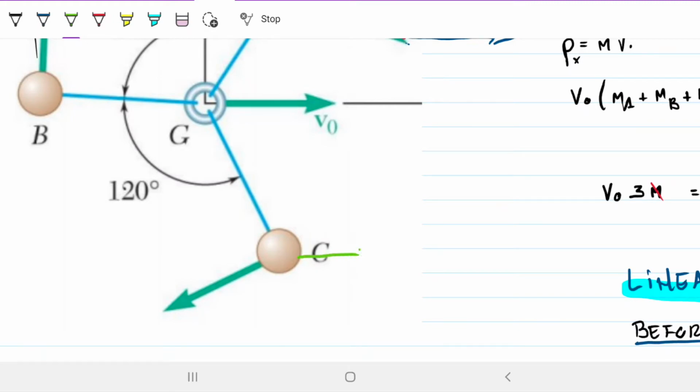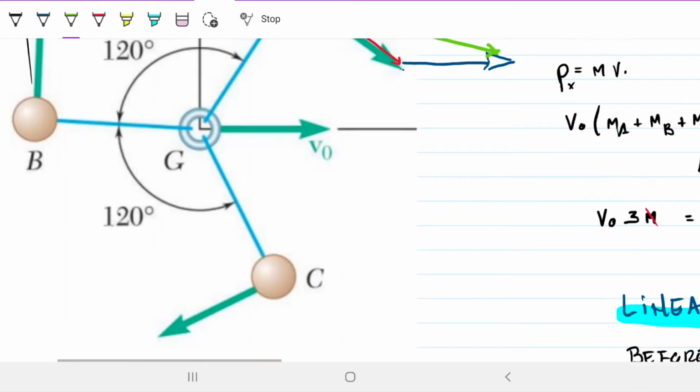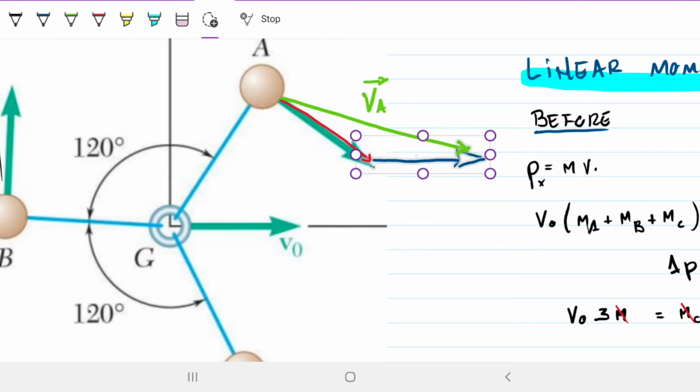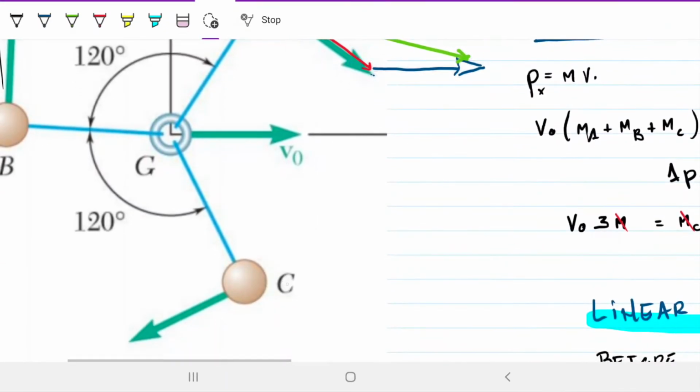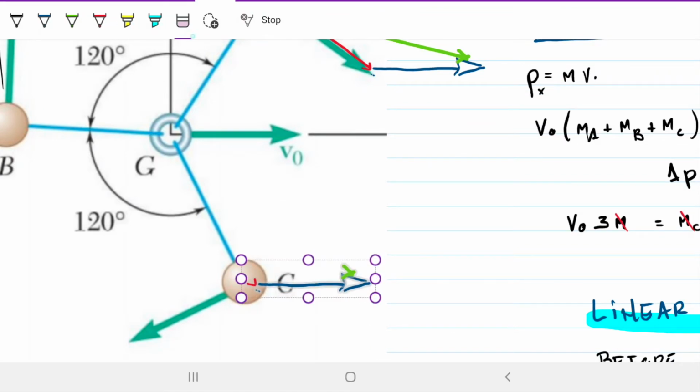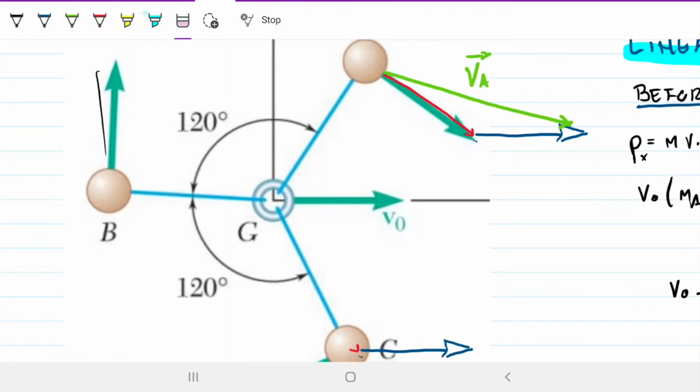We can get the same vector v naught. Where is my v naught? Let me just grab v naught. Do the same v naught. Some of them cancel each other out. There you go. Boom, and then our vector is going to be the combination of these two, and we can do the same thing here for B.